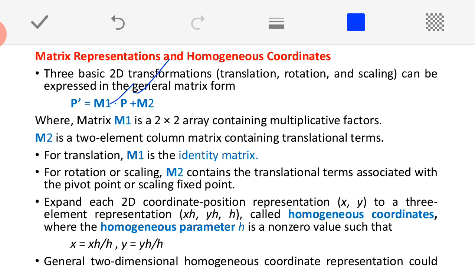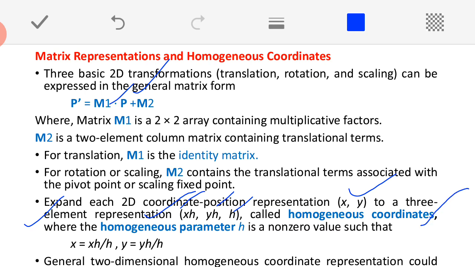Okay. Now, to overcome this particular problem, as I just tried to convince you people, see there how I am going to change my normal coordinate system to homogeneous coordinate system. So, here what I am going to do is expand each two dimensional coordinate position represented in terms of x comma y to a 3 element representation. What are those 3 elements? xh comma yh comma h, which is called the homogeneous coordinates.